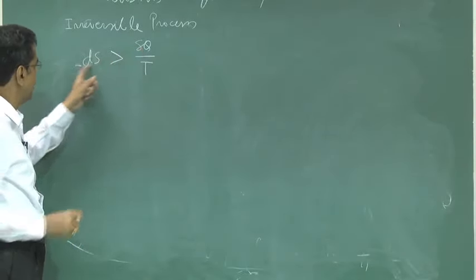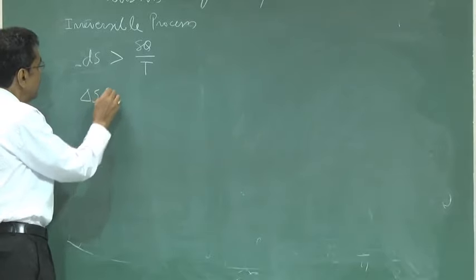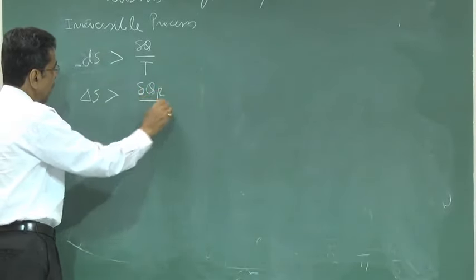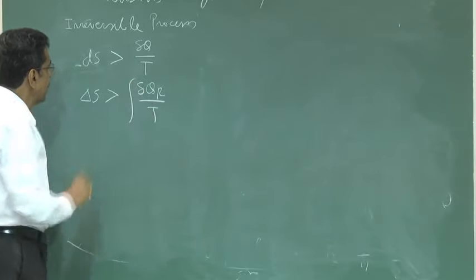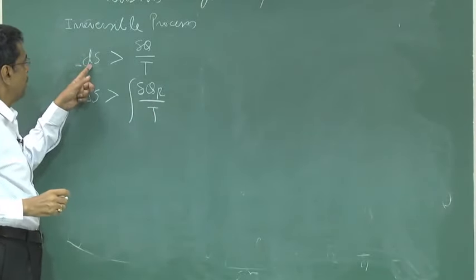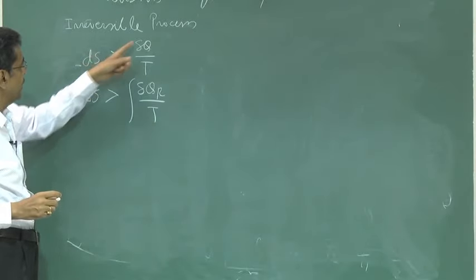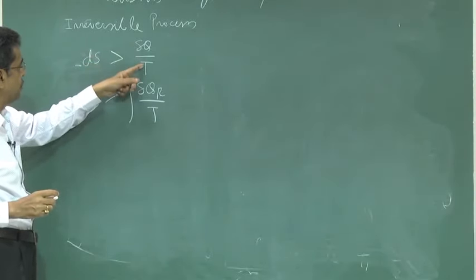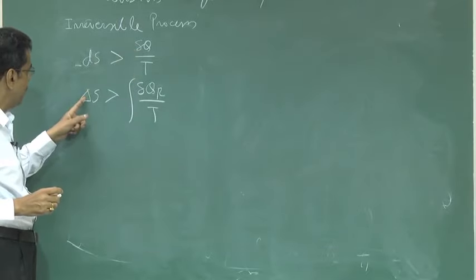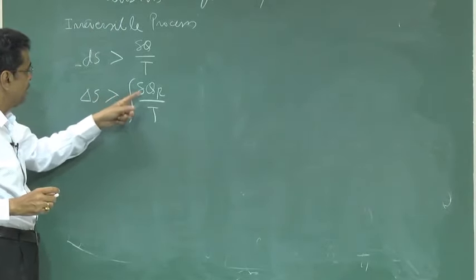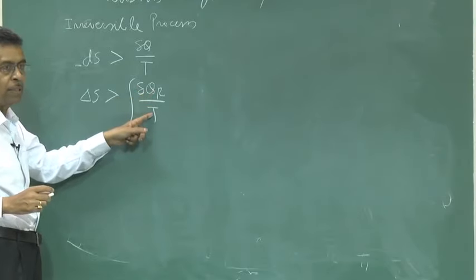Del q by T is less than ds, or ds is greater than del q reversible by T in the process. In finite difference form, the change in entropy in a process is always greater than delta q by T. Clear?